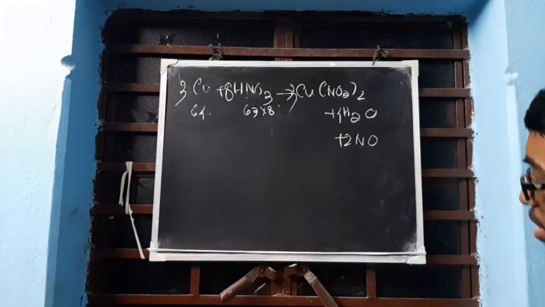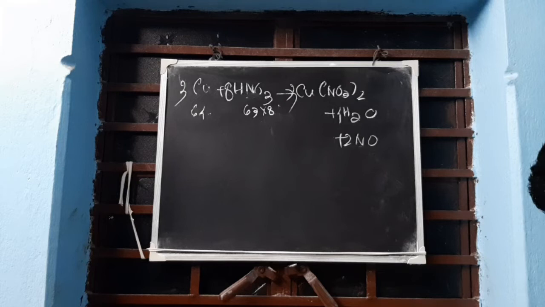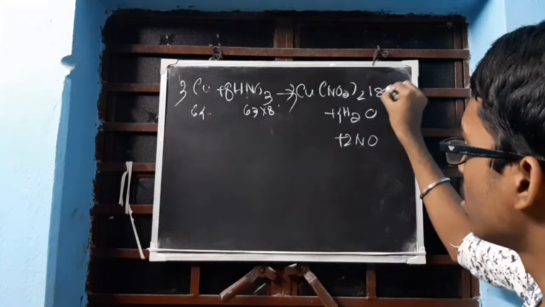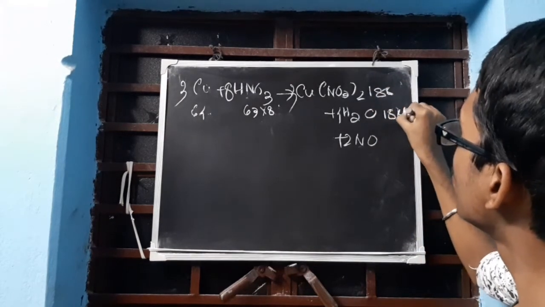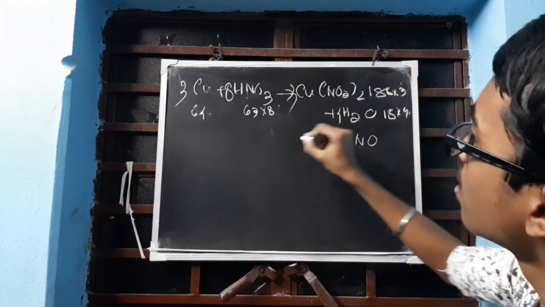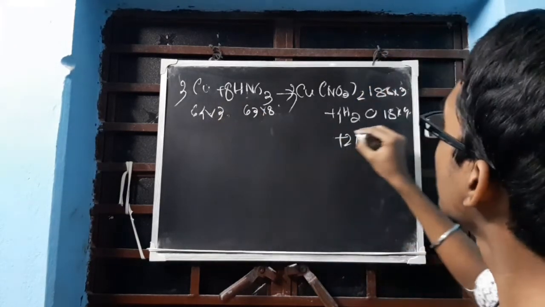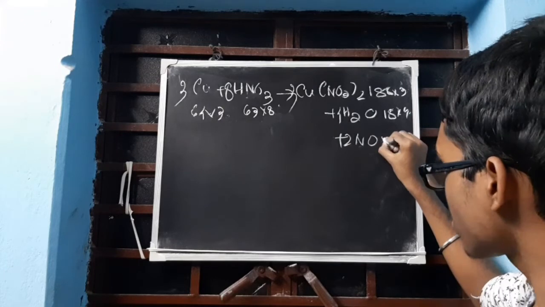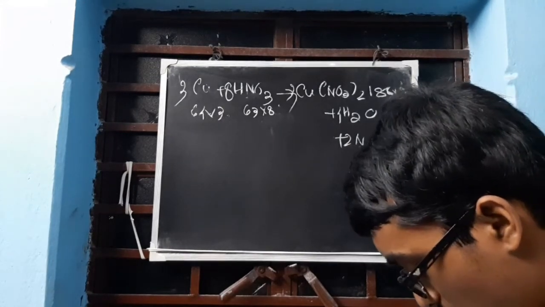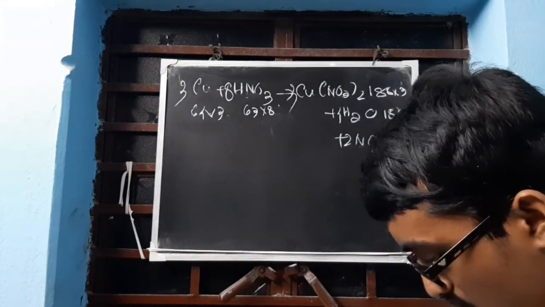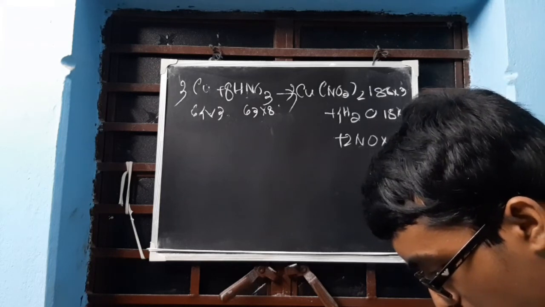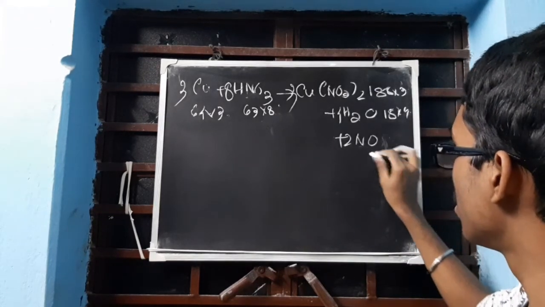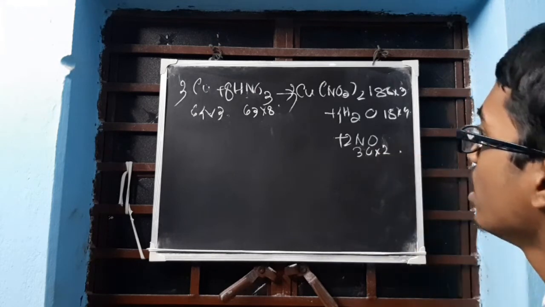Copper nitrate is 64 plus 28 plus 96, 188. H2O is 18 into 4. And this is 30, 14 plus 16, into 2. Clear? Everything is written.